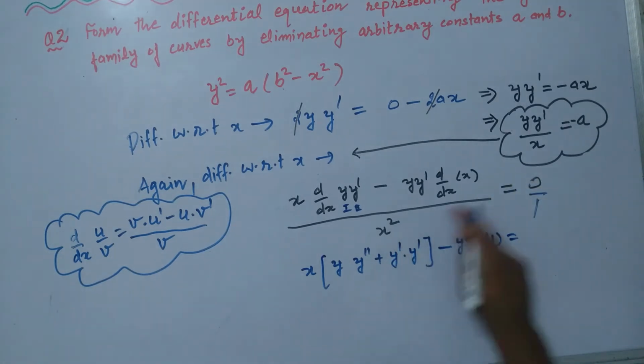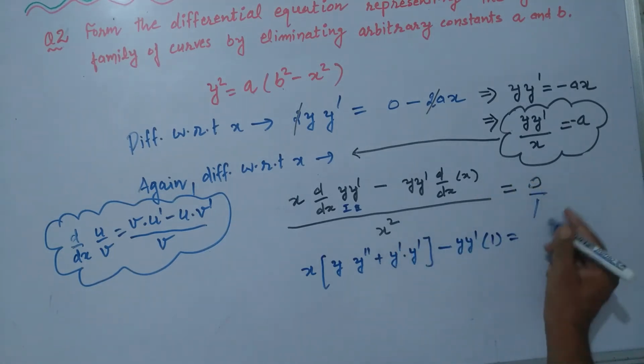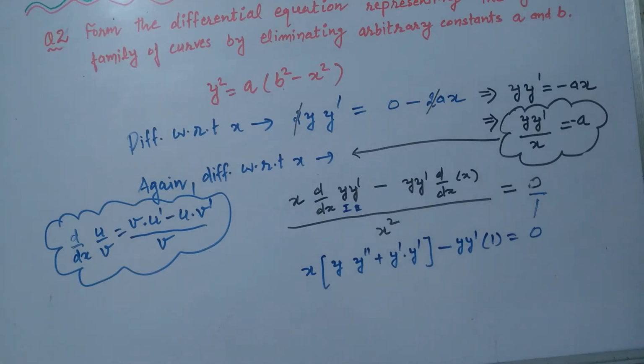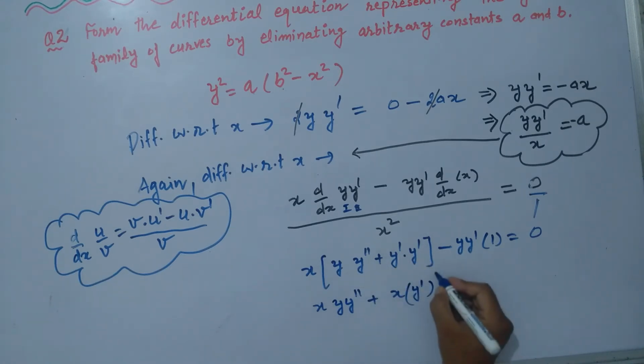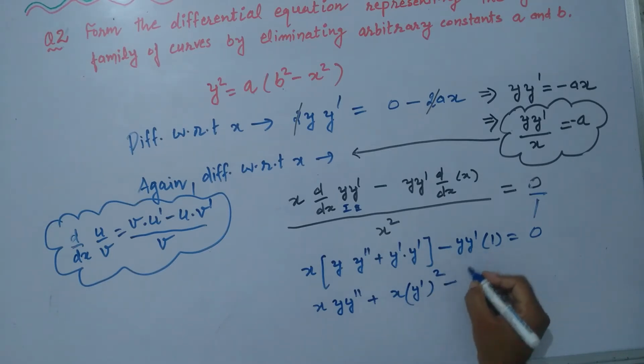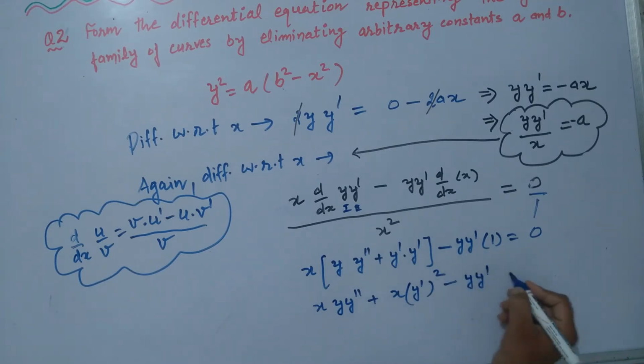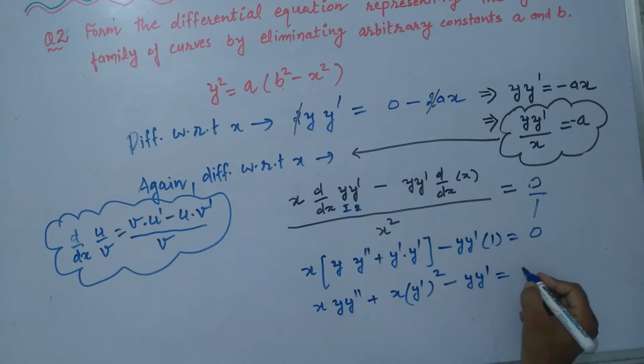Thereafter x square is multiplied with 0, so this becomes 0. Now lastly, we have x into y double dash plus x into y dash becomes y dash whole square minus y into y dash equal to 0.